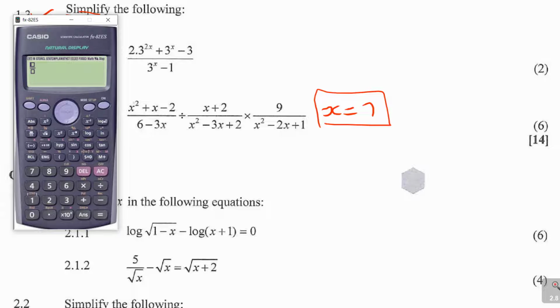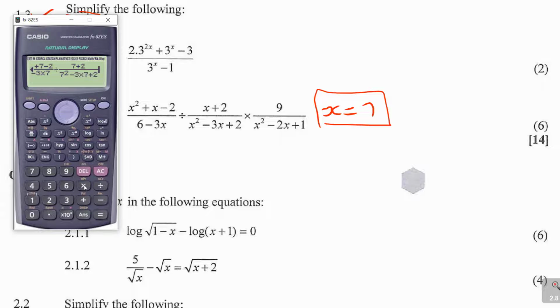So when you see x squared, you are going to say 7 squared plus 7 minus 2, over 6 minus 3 times 7, divided by 7 plus 2 over 7 squared minus 3 times 7 plus 2.